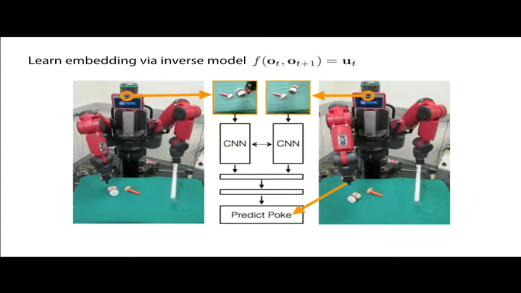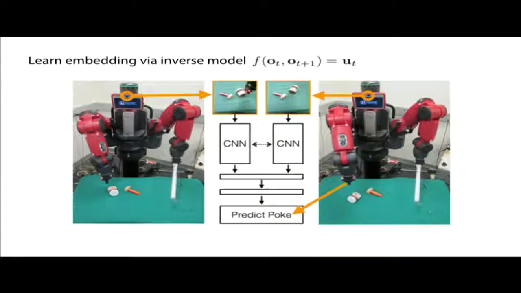The model was fed an image before the poke happened and an image after the poke happened. They trained a Siamese neural network, which is essentially a neural network that takes in the image and outputs an embedding, and the two networks share the same weights, so they're trained together.